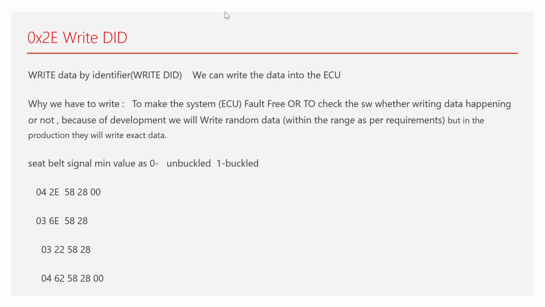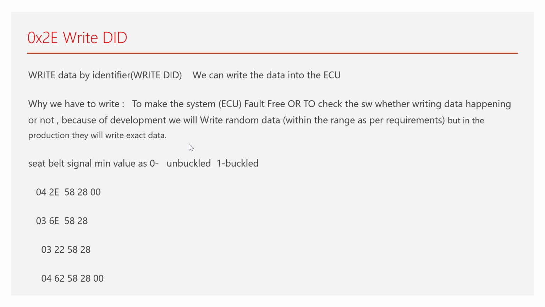They will give the exact data. So at this time, what will happen is that with random data some outputs are wrong, some mistakes happen. To avoid that, we use write data to the ECU. Because of development we write random data within the range as per requirements, but in production time they will give the exact data.